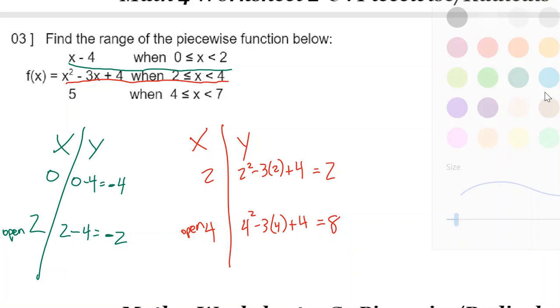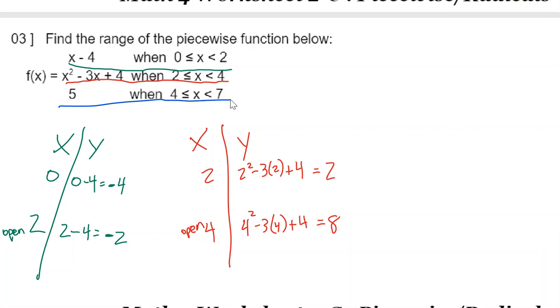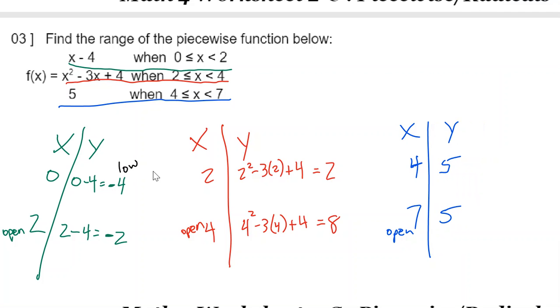And then we're going to try the last set down here. Oh, well, that's going to be kind of easy. When x is 4, y is 5. When x is 7, y is 5, and this is an open circle. Now, the lowest that we've ever seen it get is down here.